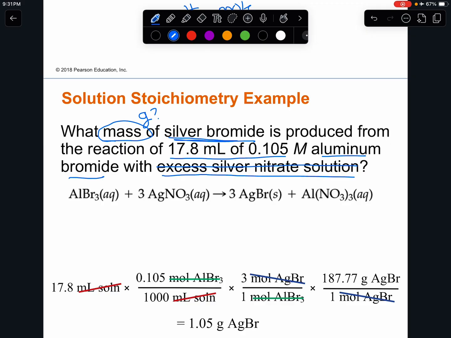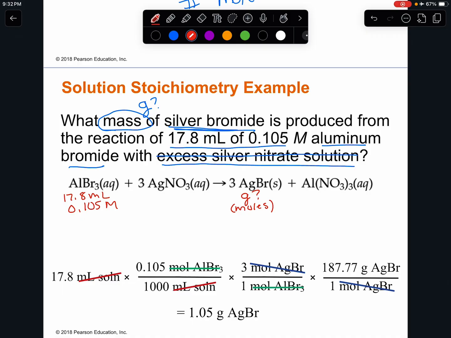So you have to have a balanced equation. We do have that provided. So I'm going to go ahead and write down my information underneath the relevant pieces of the equation. So aluminum bromide here, so 17.8 milliliters, and it's a 0.105 molarity solution. And I'm trying to find mass of this. Okay, now to find mass, the only thing I can do in chemistry class is go to moles, basically.